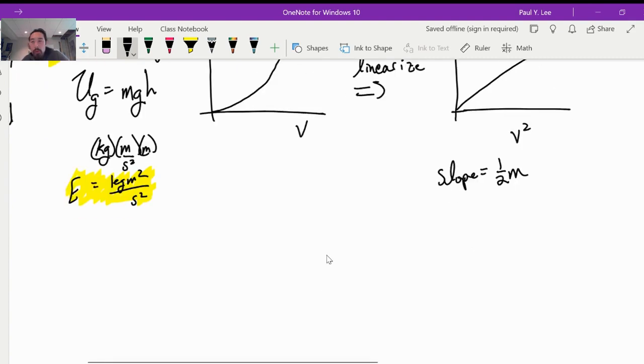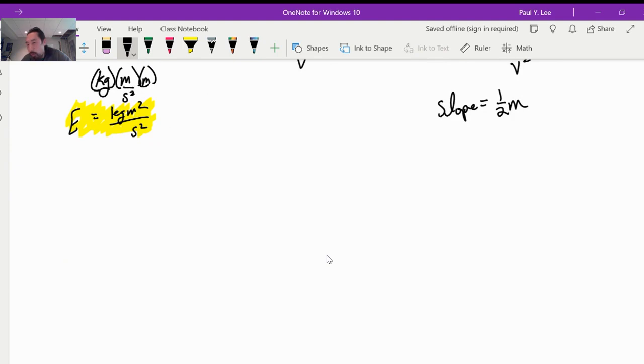And so at this moment, we can actually come up with our generalized formula. We can say that our initial energy or initial kinetic energy is equal to the slope times v squared, right? So I'm going to actually take a step back and show you where I got this in terms of the linear formula, right?